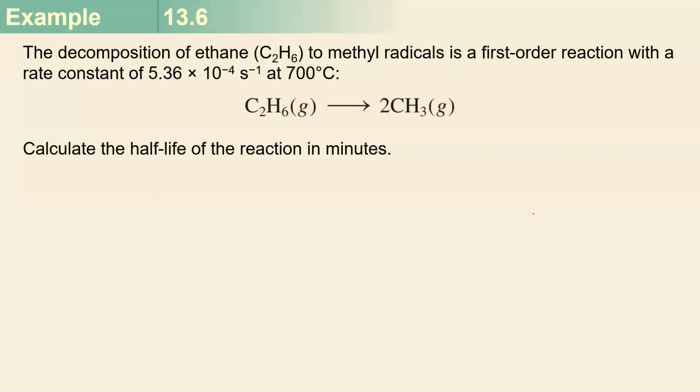Okay, so we have ethane that's decomposing into methyl radicals. And this is a first order reaction. We're given our rate constant K. And again, as I told you, every time we have a rate constant, we should be given a temperature. And there it is. So calculate the half-life of the reaction in minutes.